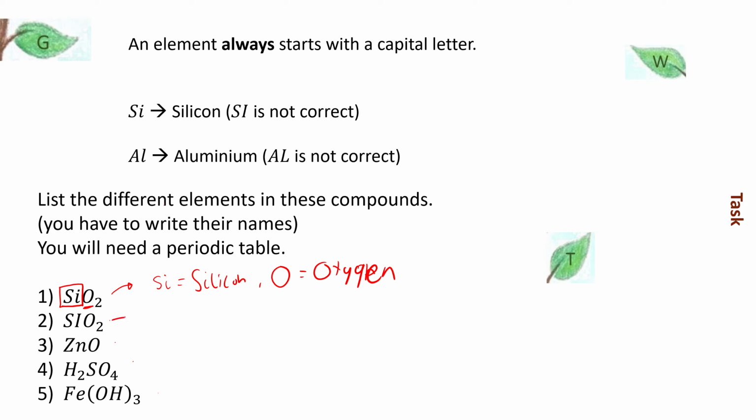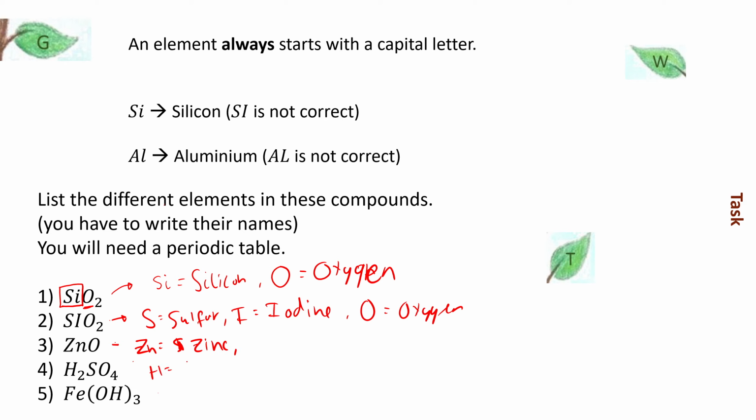So here we go. This one, S equals sulfur. I is iodine. And O is oxygen. This one, Z, N equals zinc. Oh, that's an S, that's not a Z. Zinc. O we know is oxygen.